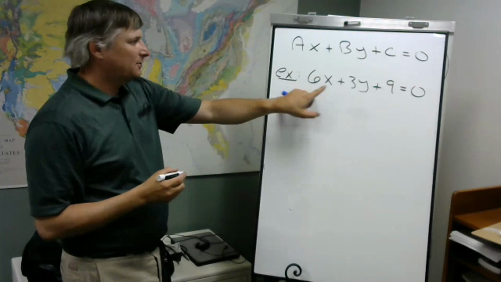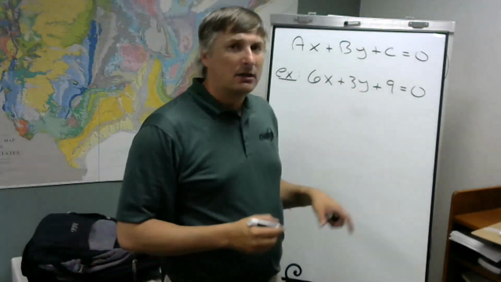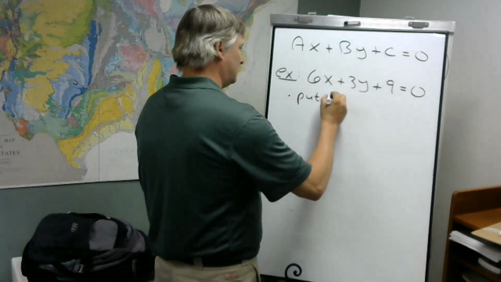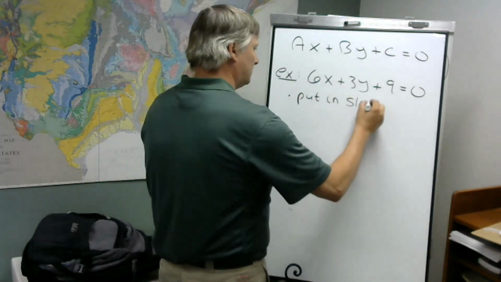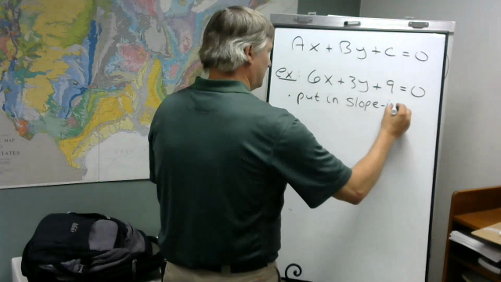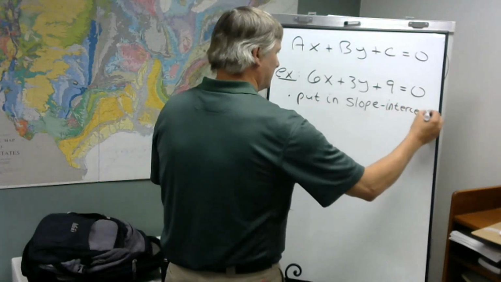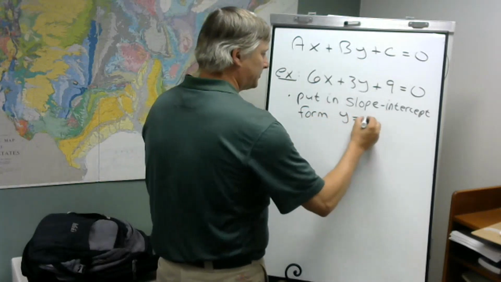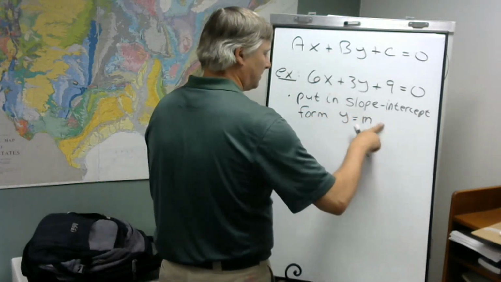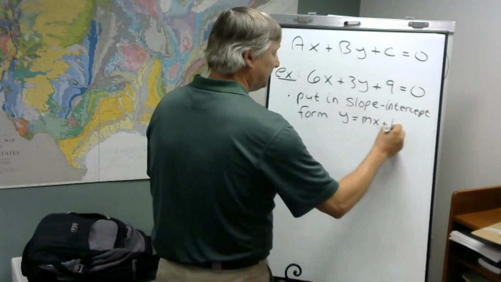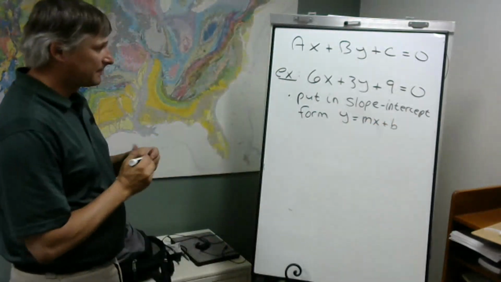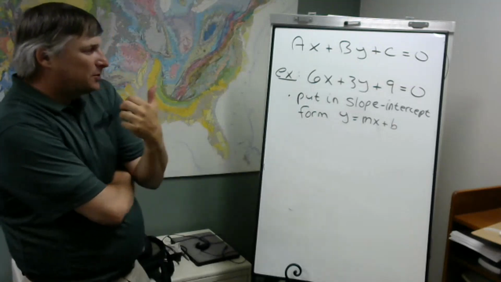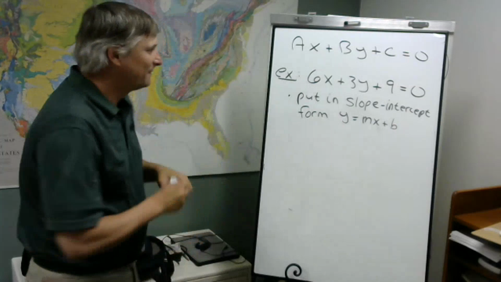So here your A is 6, your B is 3, your C is 9. They want you to put it in slope-intercept form, and that's y equals mx plus little b. So basically what you do is just solve for y.